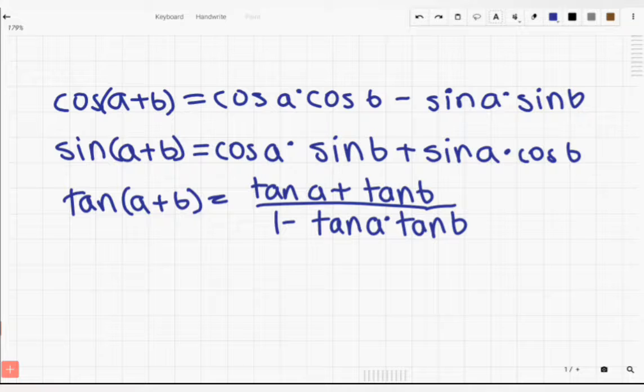Now, if you want me to make a proof of this, which I'm not going to do in this video, be sure to put a comment down below so I know that I will have to make proofs for the addition identities. And if you want any more information about the other identities, I'll also try to make a separate video for proofs for those too.